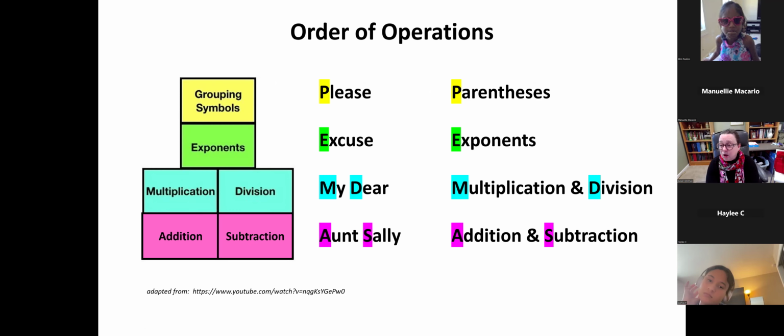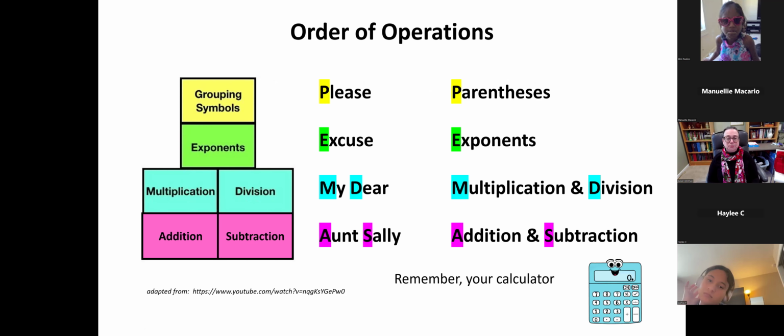All right, and I am almost willing to bet that nobody followed these rules when they had that problem up there earlier. I'll bet we didn't do them in that order. So our calculator that you're holding in your hot little hands that you trust with your grades, because those are the answers you're going to write down. Whatever my calculator says, I'm going to write down.